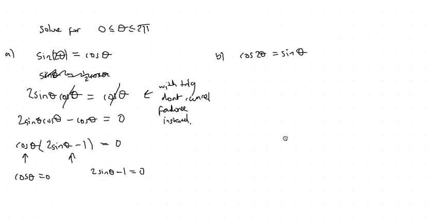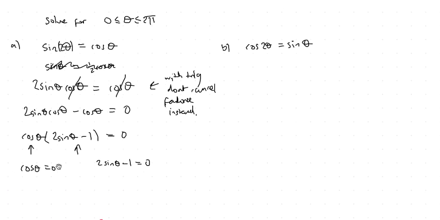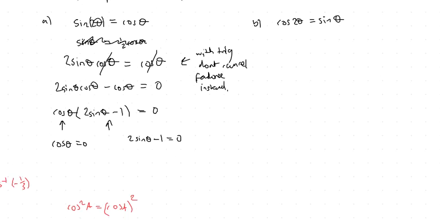So, let's see if we can do it in this space here. If cos theta equals 0, that's cos, and then we've got those 2 solutions there. So put your calculator into radians.